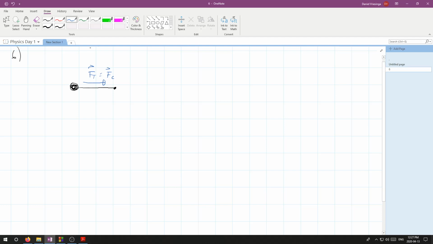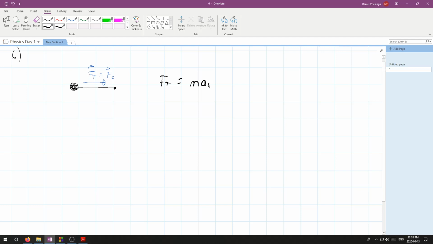So if I do my Newton's second law, which is take all your forces, add them up, let them equal the mass times the acceleration, I will get that the force of tension will equal the mass times the acceleration, which is a_cp.